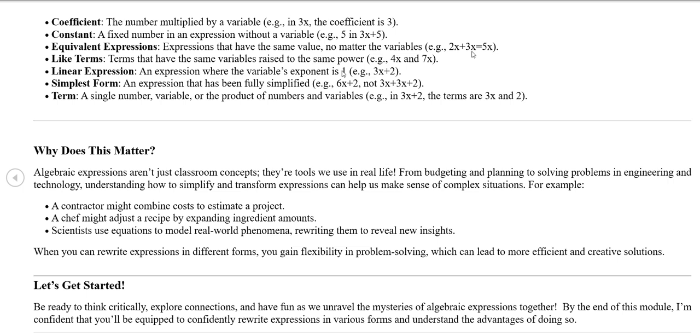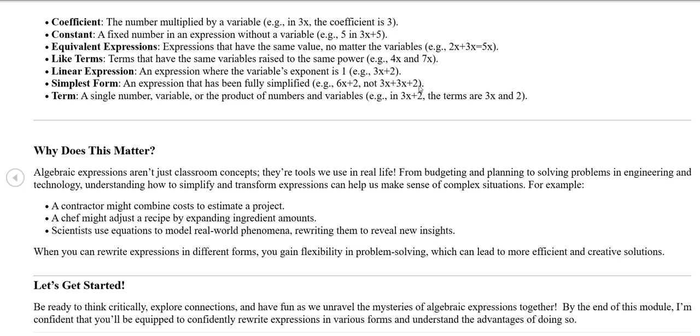Then we have our simplest form. Simplest form means we're taking an expression and fully simplifying it. For example, 6x plus 2 is going to be a simplified version of 3x plus 3x plus 2. So this is not in simplified form. We would go over here and simplify it, and that becomes 6x plus 2.